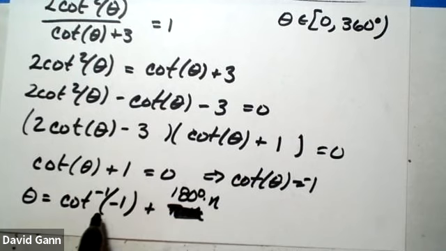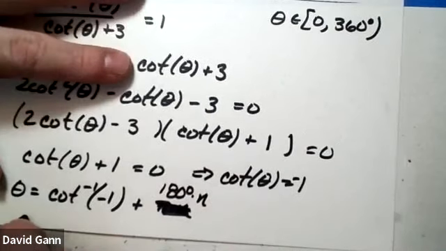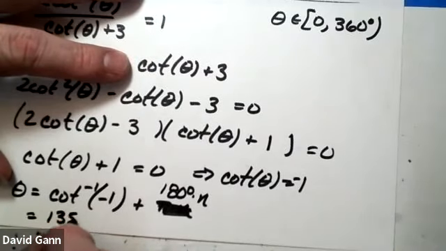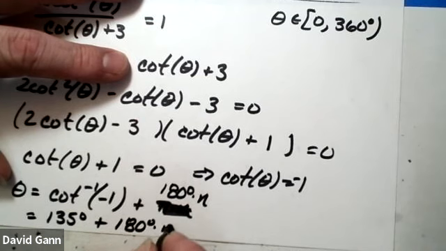And the inverse cotangent of -1, well, we have to know where cotangent achieves -1 in quadrant 2, because that's the range of inverse cotangent. So this becomes 135 degrees plus 180 degrees times n.